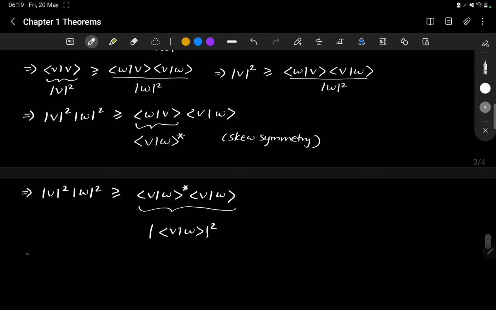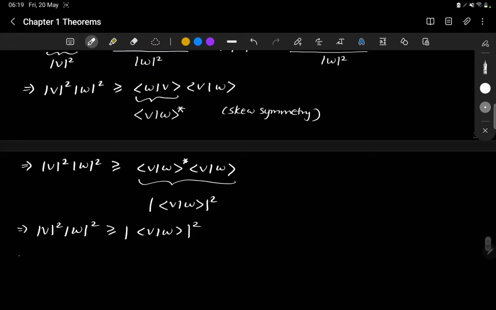So now taking square root on both sides, we get the desired Schwarz inequality.